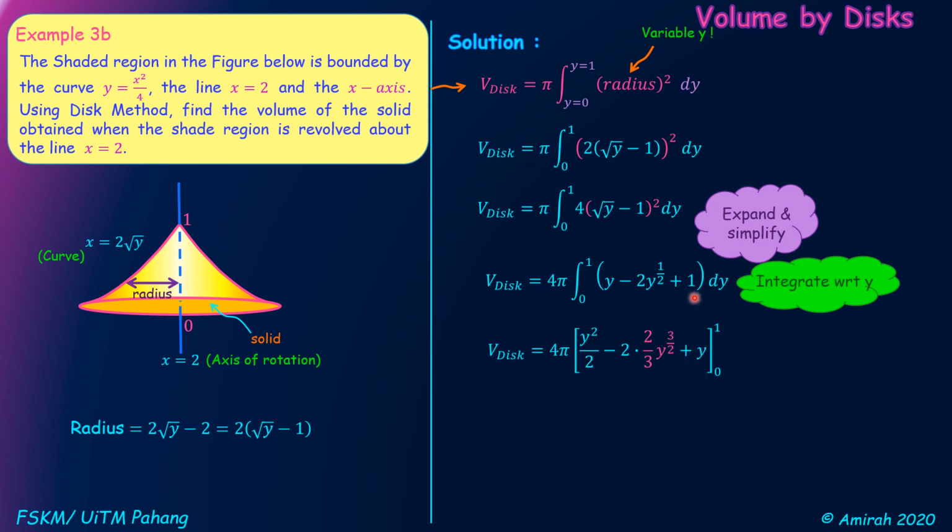And then plus, we integrate 1 with respect to y, we get y. Since this is a definite integral, we have no plus c here, but we need to write a square bracket with lower and upper limit here. And then after we integrate, there is no more integration sign.